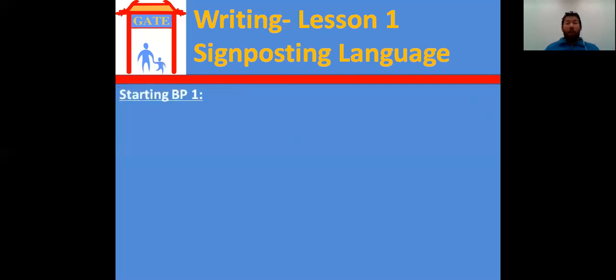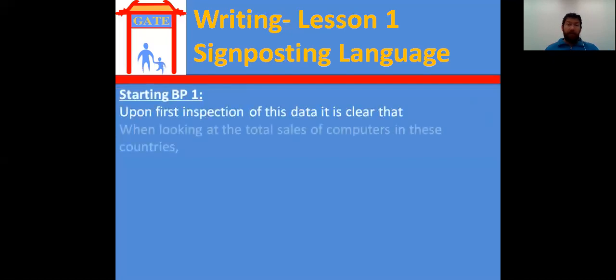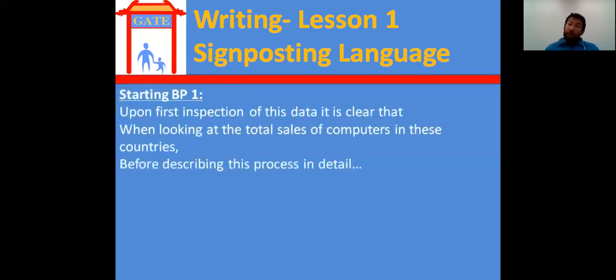For starting your BP1, lots of different things. Upon first inspection of this data, it is clear that when looking at the total sales of computers in these countries, before describing this process in detail. So again, you can probably tell that this is for maybe a flow chart or some kind of diagram that shows stages, whereas these are more for your regular graphs and charts.